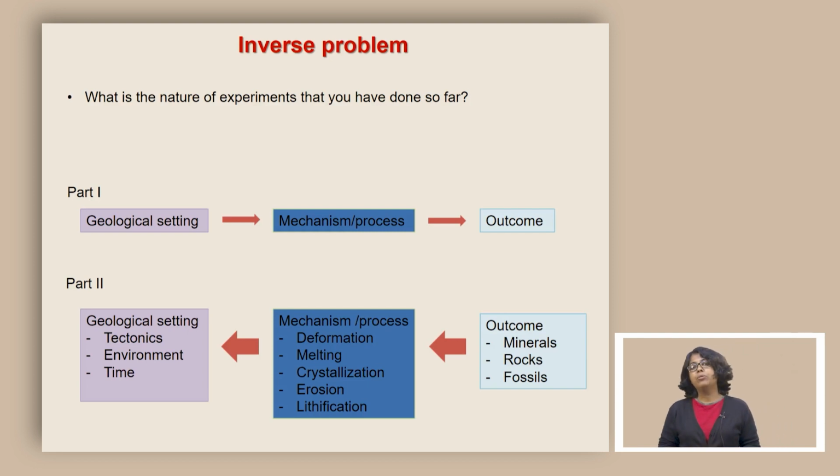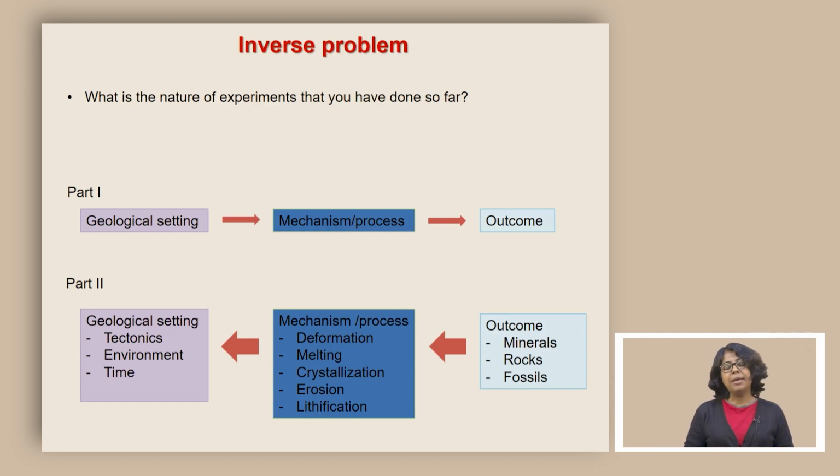Interestingly, when we think about earth science, the questions that we address are often the results of experiments that have already been performed. So, let us say the question that I am asking is, is it possible to compress a sedimentary pile and make a mountain like Himalayas?